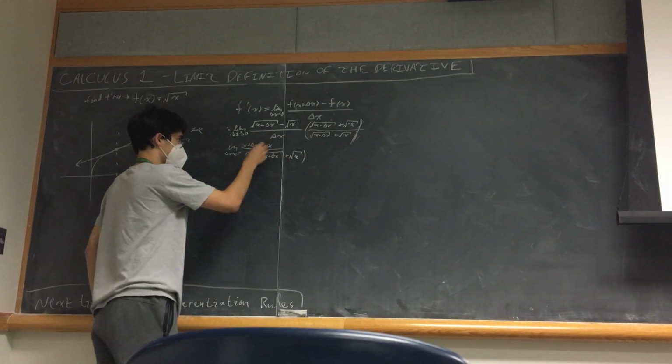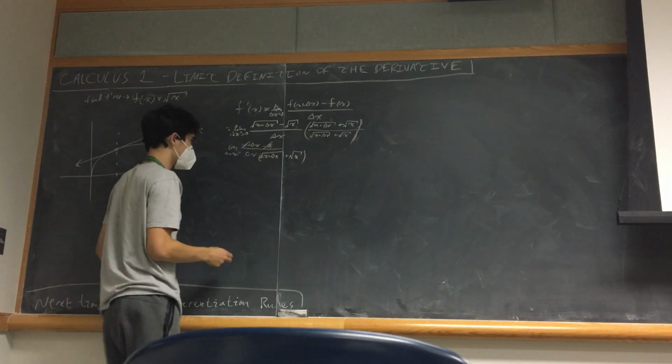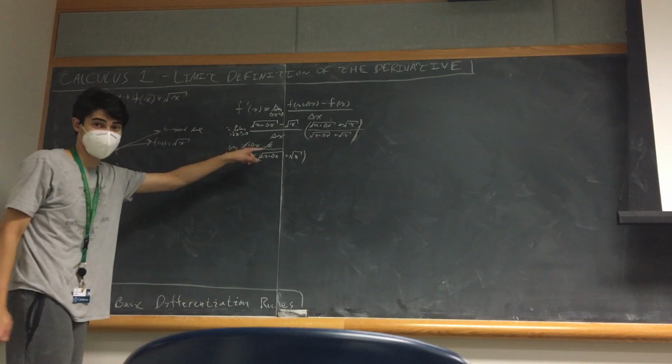Now we look in the numerator, the x and the negative x cancel out, leaving us with just a delta x in the numerator.